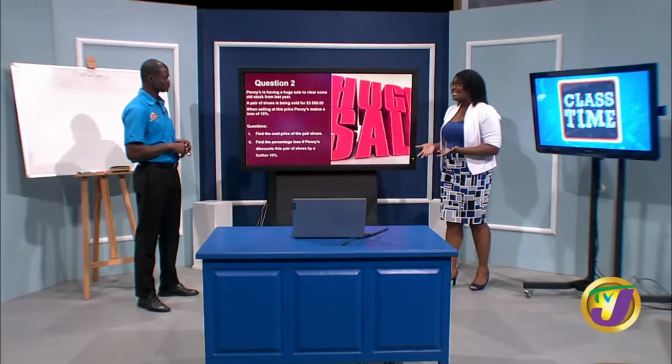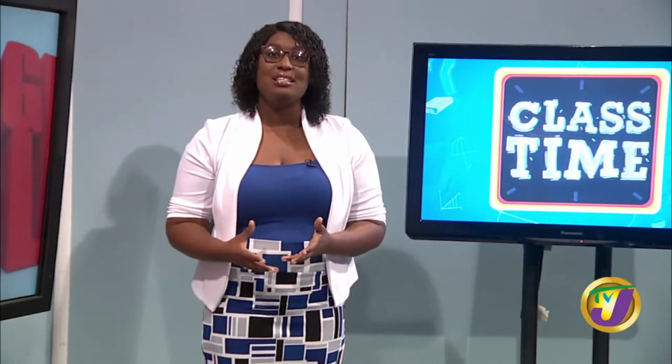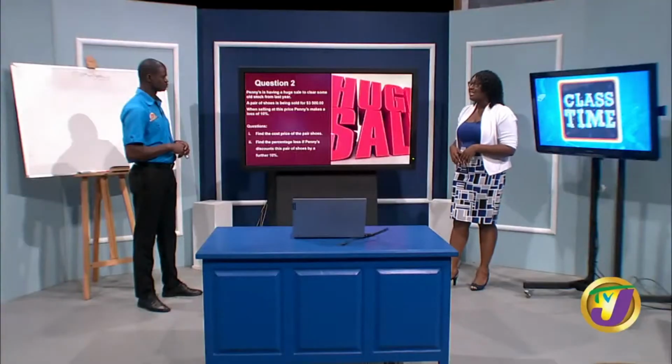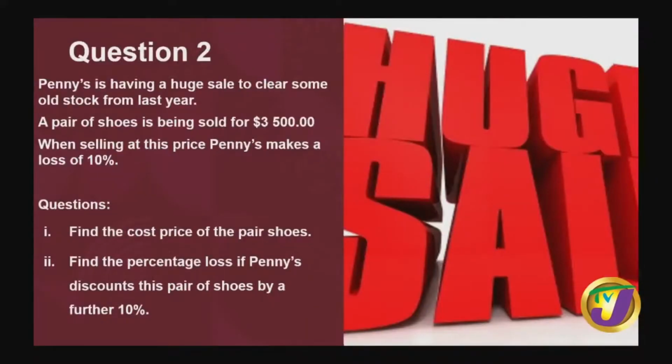Before we added, and now we're going to be subtracting. Our cost price is 100%, and since we incurred a loss, we subtract 10% from that 100%. So my selling price here is actually 90%. You see that we haven't touched any working out, we're just reasoning out the question, guys.